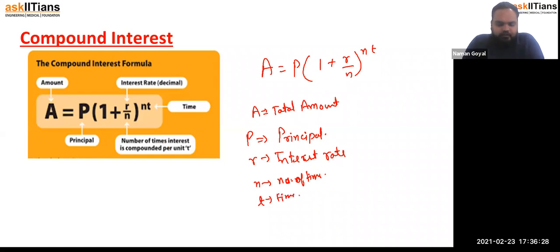So the formula is A = P(1 + R/N)^(NT), where R is in decimal.